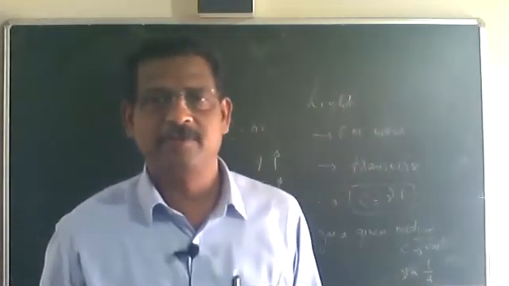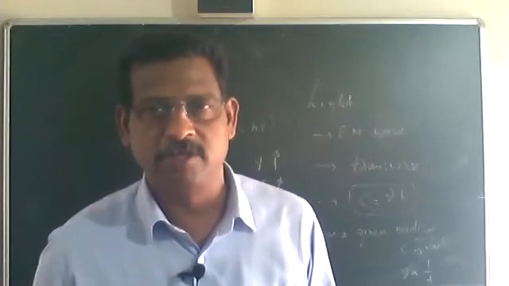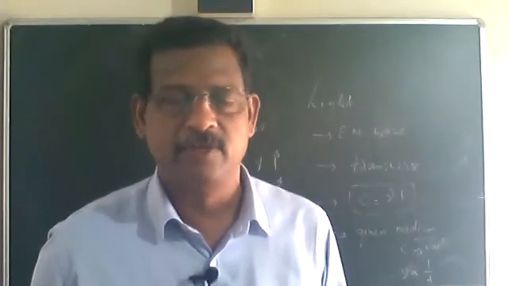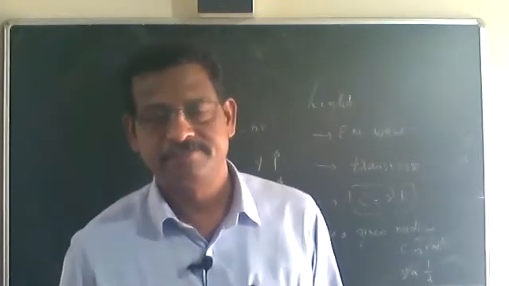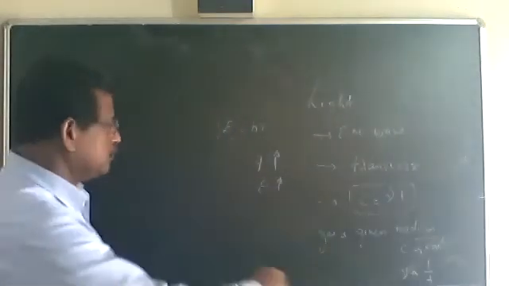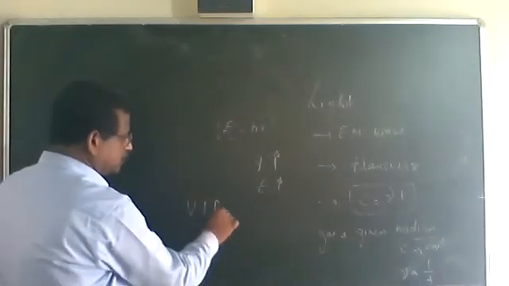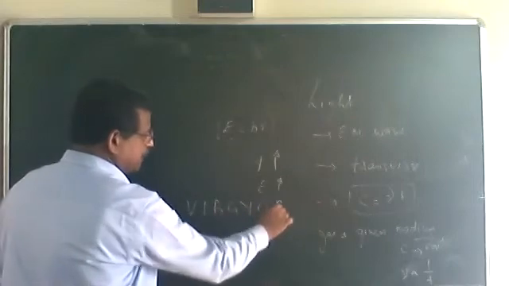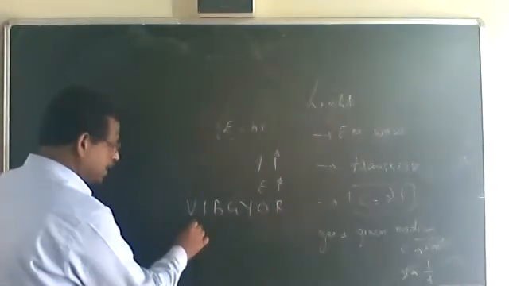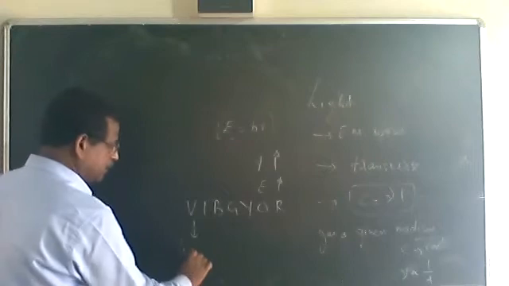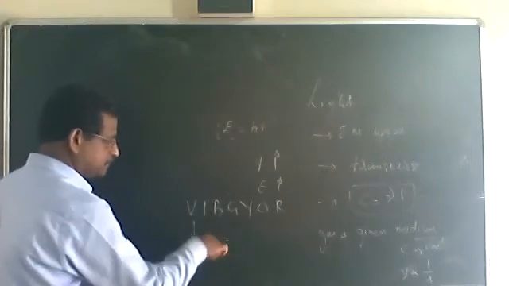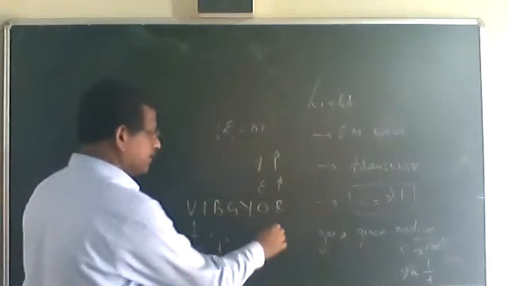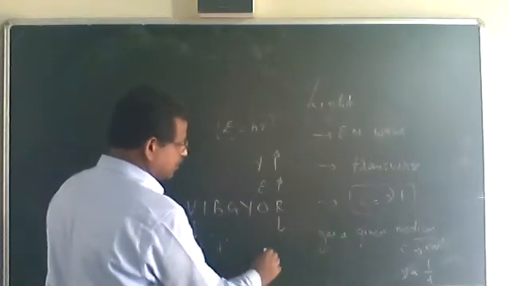So we are dealing with light and we can see only the visible 7 colors, that is the VIBGYOR spectrum. There are 7 colors, we can see them. Violet has the least value of wavelength, and red has the longest wavelength.